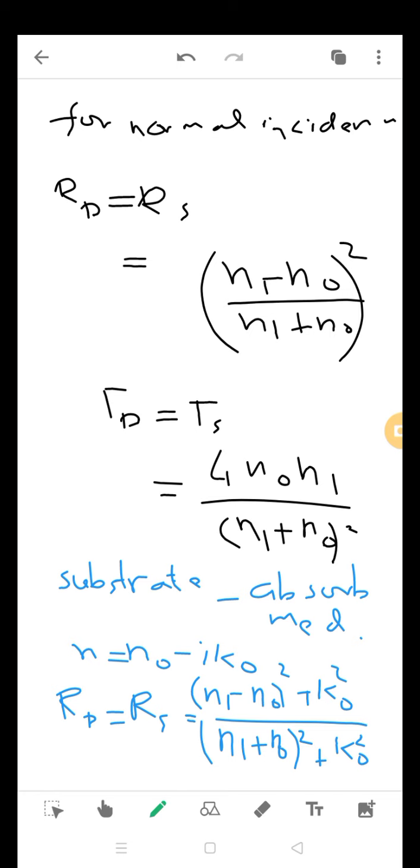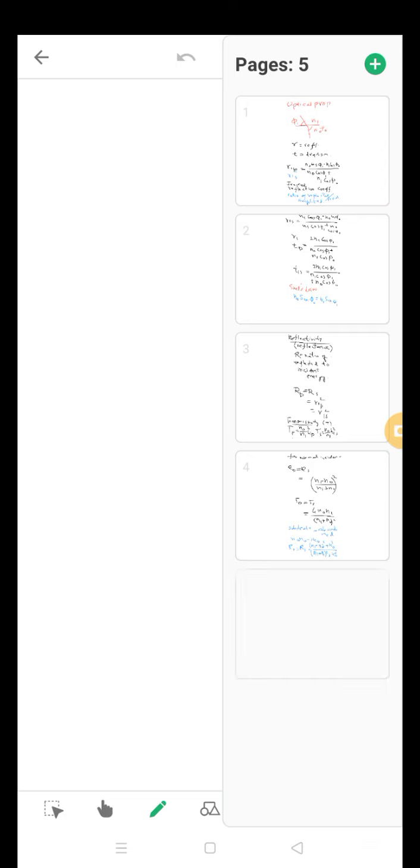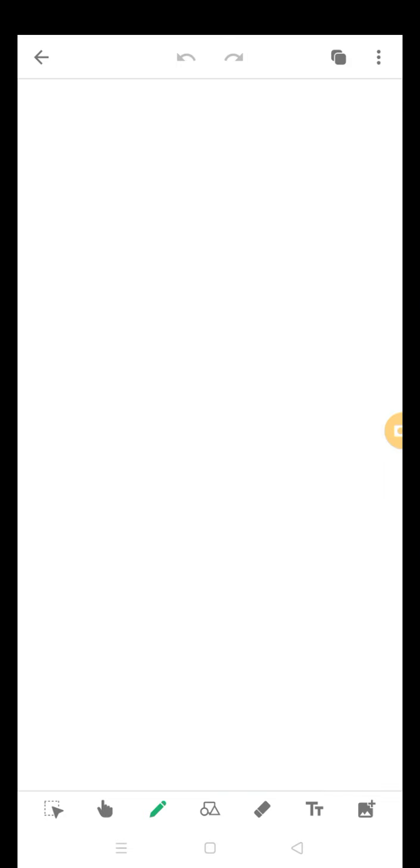Now we would like to understand the variation of reflectance with normal incidence.